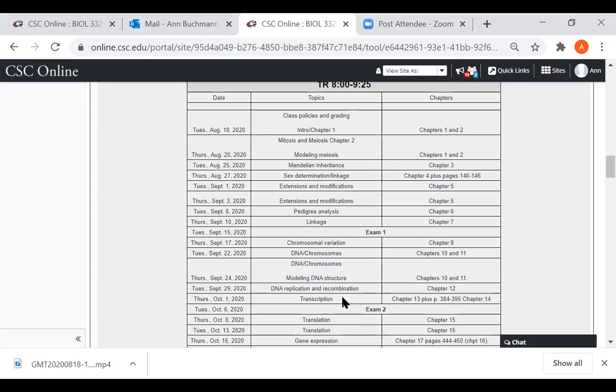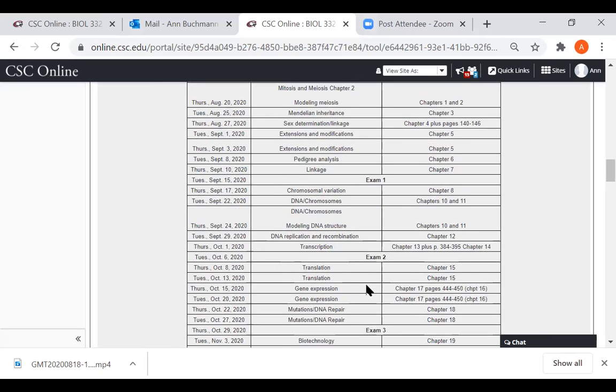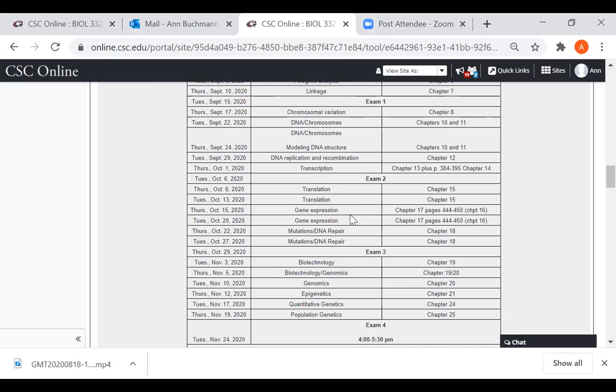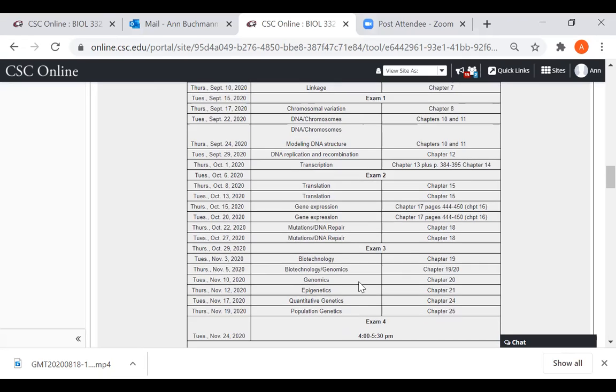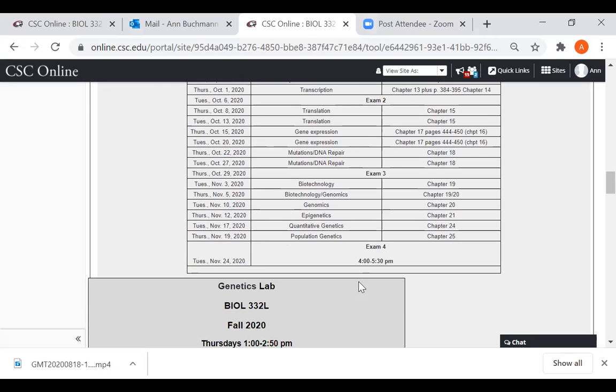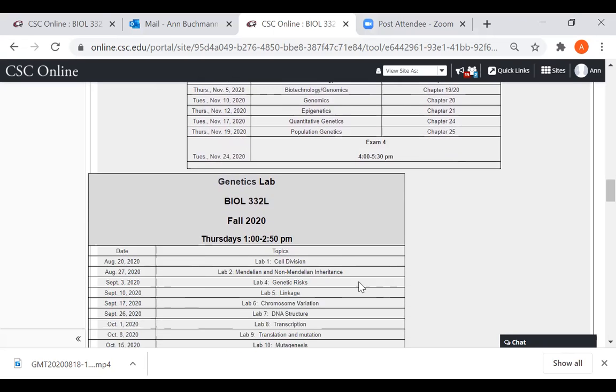The second exam, there'll be a lot of information about molecular genetics. And then the third exam is a lot more molecular genetics. The fourth is a lot of biotechnology and population genetics, with a little bit of stuff about ethics and other things along the line.